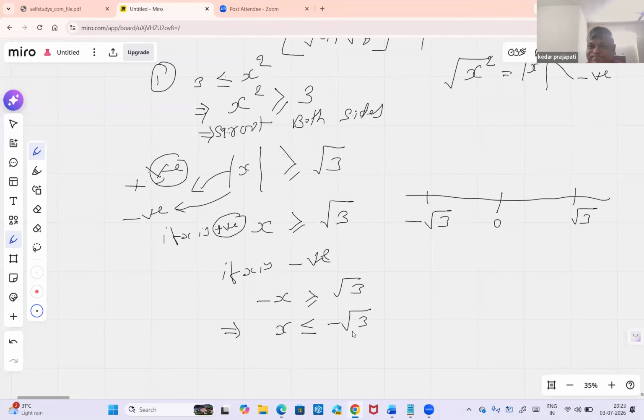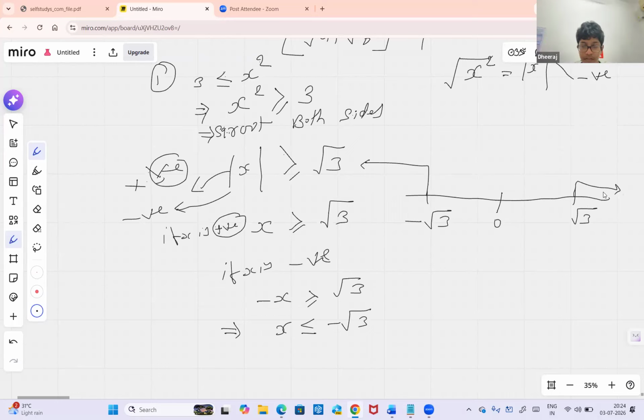Correct? So in a way, we are telling x is greater than root 3 and x is less than minus root 3. Less than minus root 3 is this, and greater than or equal to root 3 is this. Right?